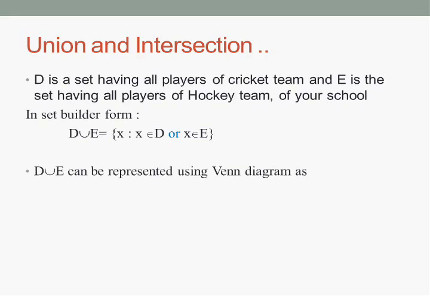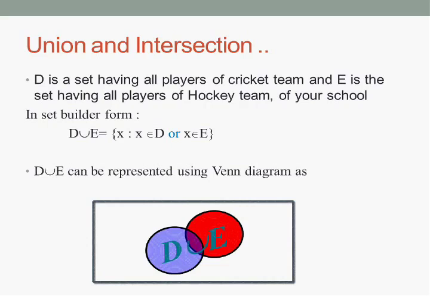Here, the union consists of all the points which are colored blue or red or purple. The purple colored region illustrates the intersection which we are going to deal with next.